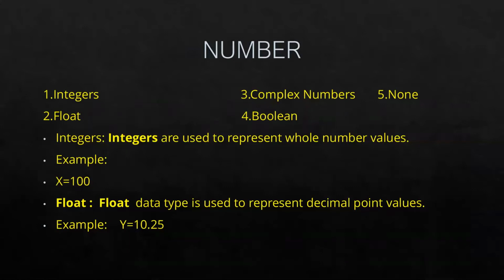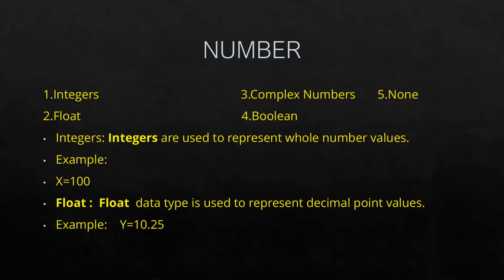Our first one is number in immutable data type. Under number, these are the 5 classifications we have in Python. They are integers, float, complex numbers, Boolean, and none.